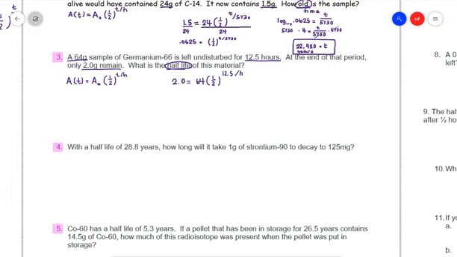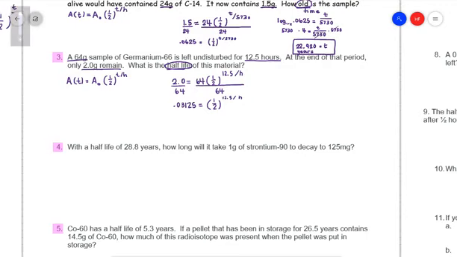We're going to divide everything by 64. We get 0.03125 is equal to 1/2 to the power of 12.5 over H.